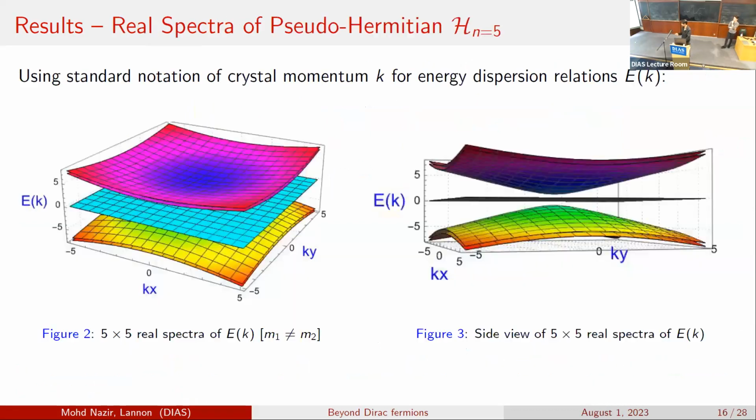Moving on, we plotted the eigenvalues corresponding to the real spectra of the energy dispersion relations for the 5x5 pseudo-Hermitian case, incorporating a side view as well, just to explicitly show that they don't touch, using standard notation, crystal lines of K for energy dispersion relations.